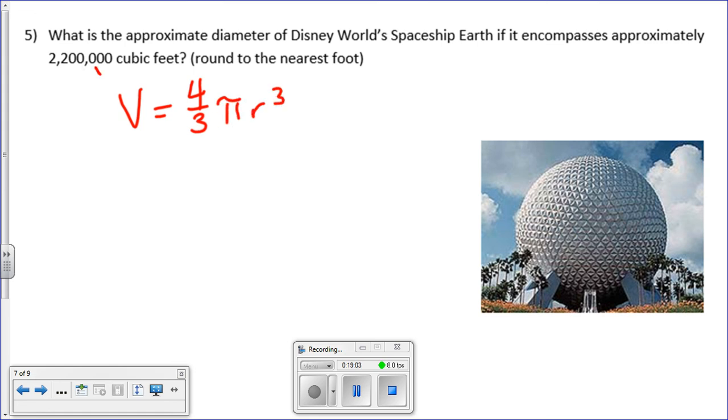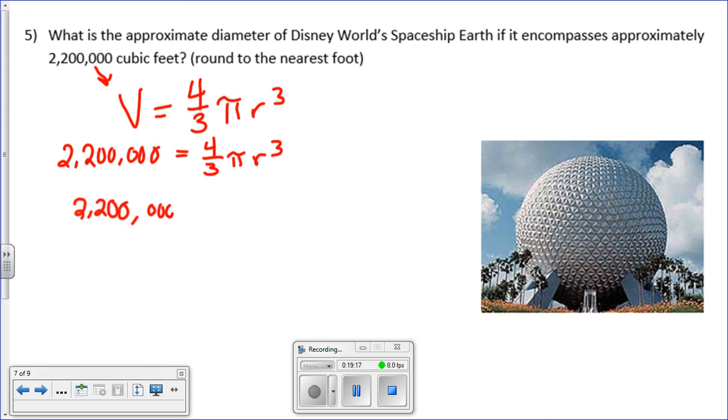I'm going to take that 2,200,000 and put that in place of the V. So 2,200,000 is equal to, I already have this decimal, 4.1887 r cubed. I'm going to divide both sides by that.